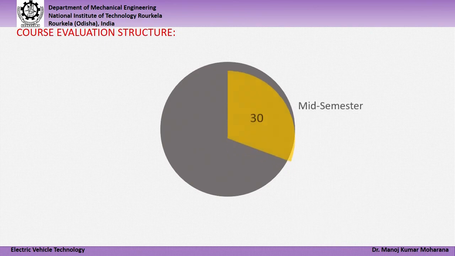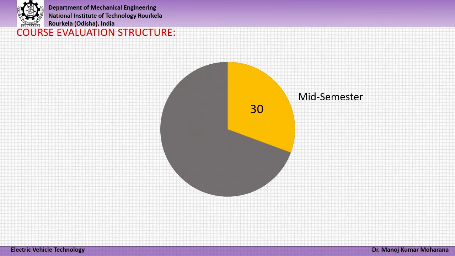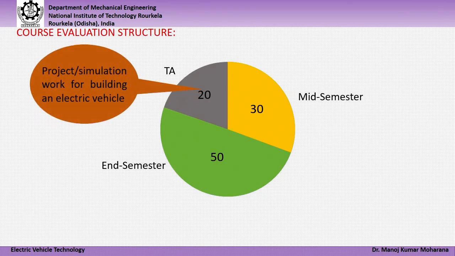The course evaluation structure includes 30% credit for the mid semester evaluation, 50% credit for the end semester evaluation, and the last 20% toward the teacher's assessment. And the teacher's assessment includes conventional class tests as well as project or simulation work done by students in group.